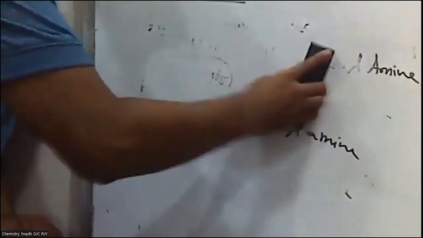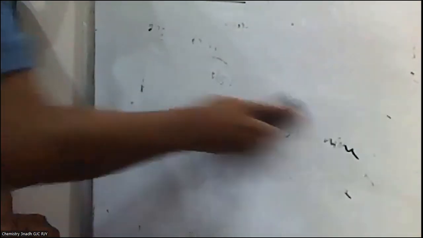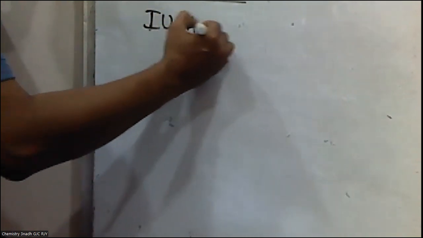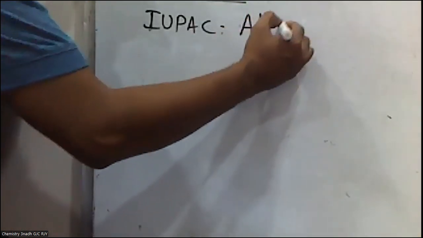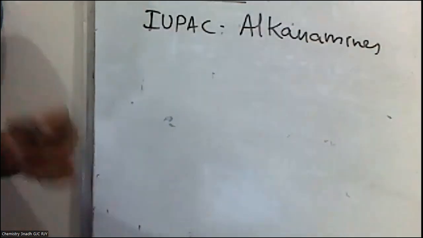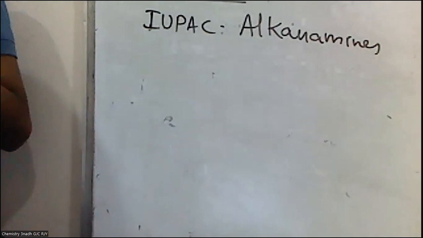So in the IUPAC system, amines are called alkanamines.